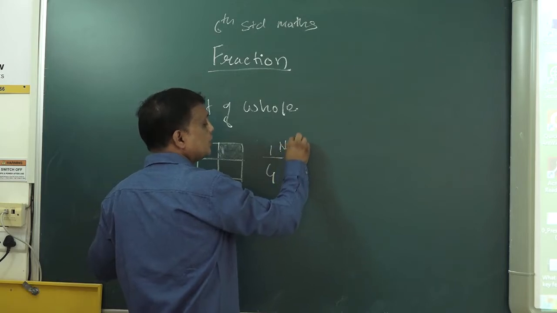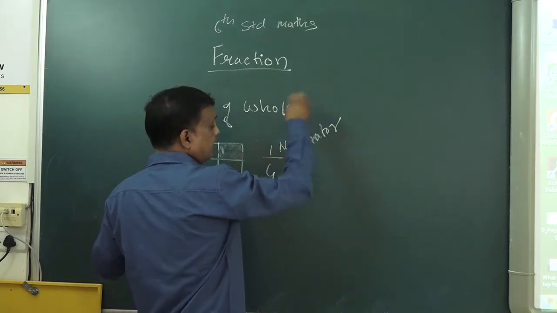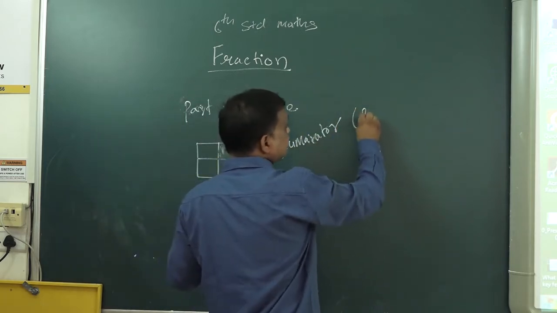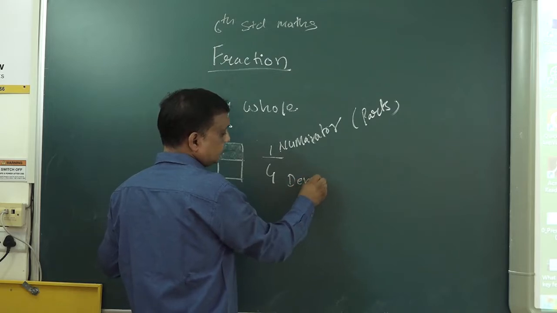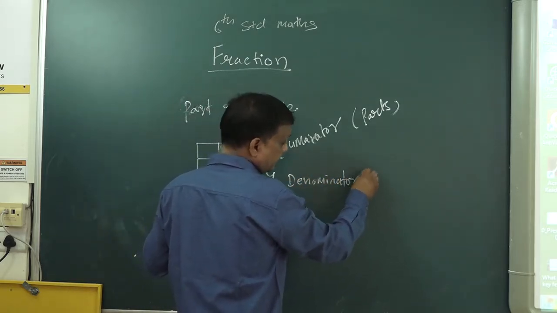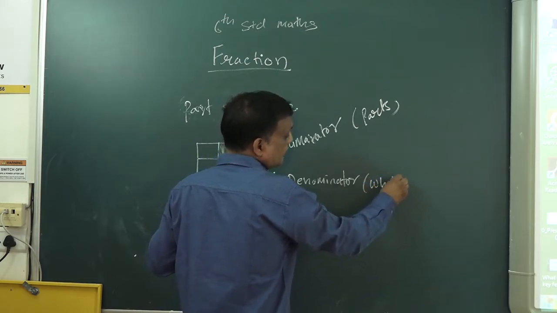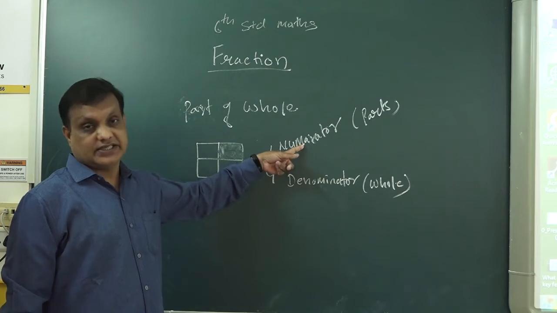Always we have to show the numerator as parts, and the denominator means whole. So we will show the denominator as the whole and the numerator as the parts.